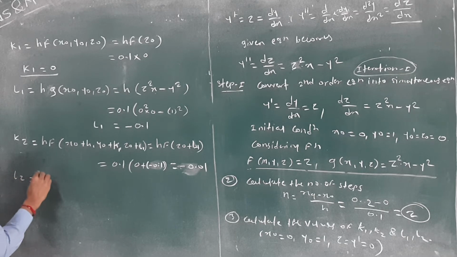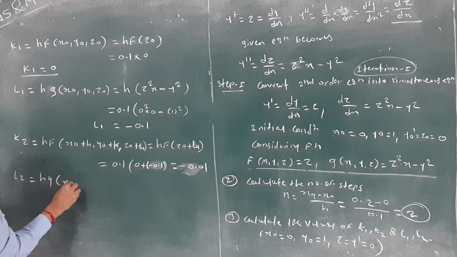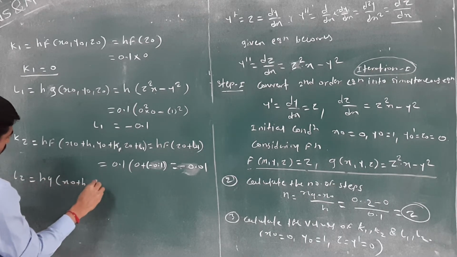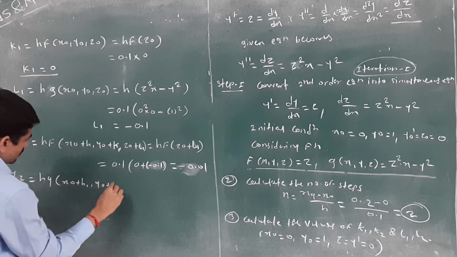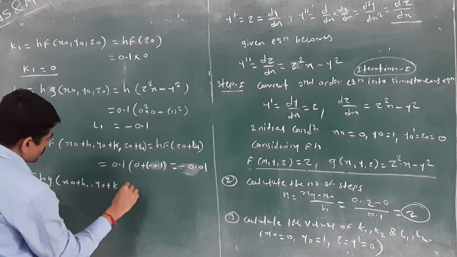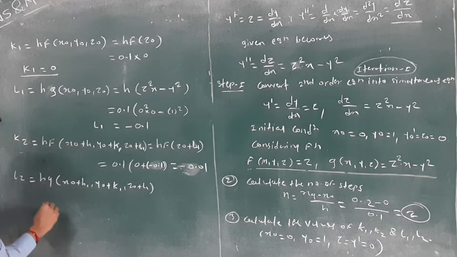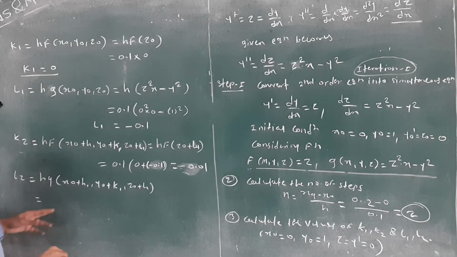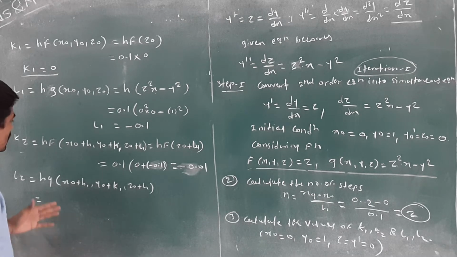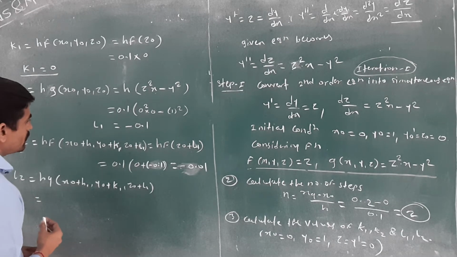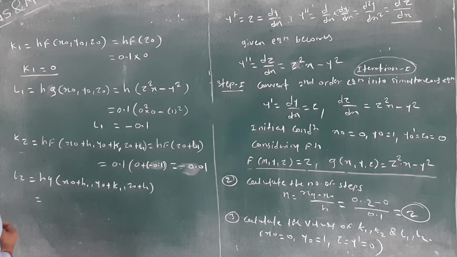Similar way, calculate the L2 value. L2 is equal to h g into x0 plus h, y0 plus k1, and z0 plus l1. You can write all the values, otherwise directly you can put the values.